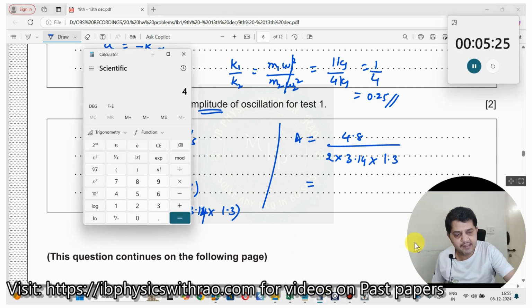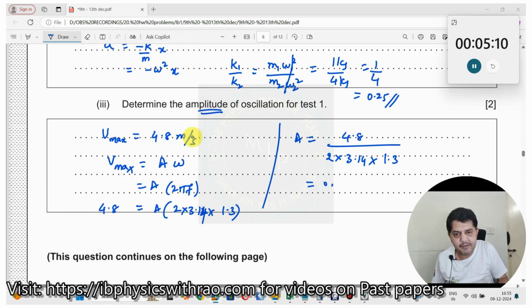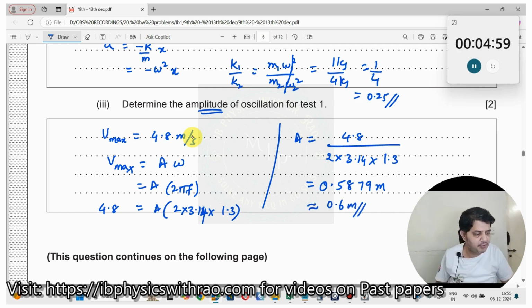I get 0.5879. First let me write down the full value, then I will simplify it. What is this? Meters, or I can now write this equal to 0.6 meters. This should be your answer.